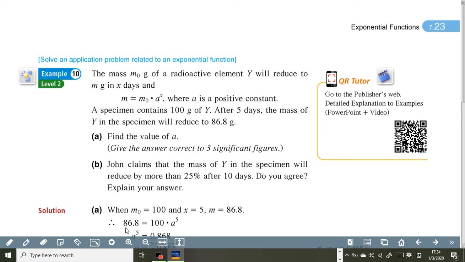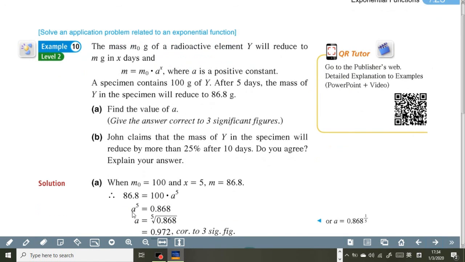So you put the value 86.8 equal to 100 times a to the power 5. Now you will get a to the power 5 is 0.868. And then by the definition of the nth root, a is the fifth root of 0.868.